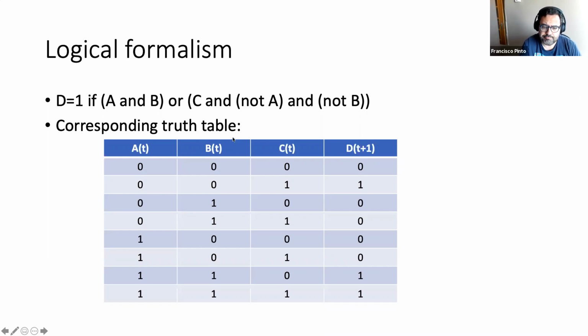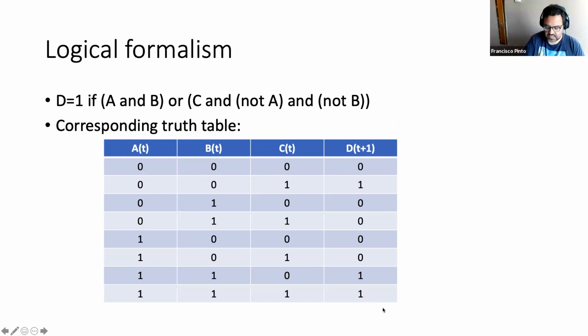And for example, in this case, we can translate this logical rule into this truth table. So you have all the values of A, B, and C at time t, and depending on the values of A, B, and C at a given time point, in the next time point, the value of D can be what it is in this column.